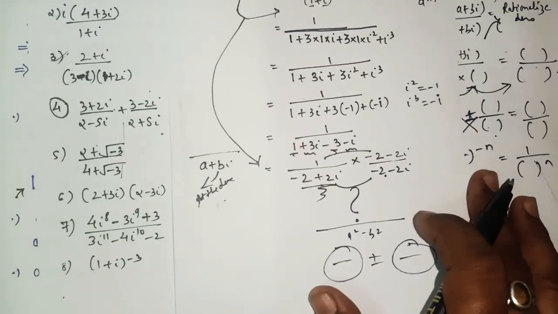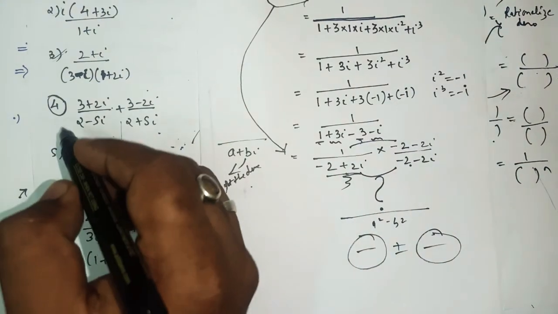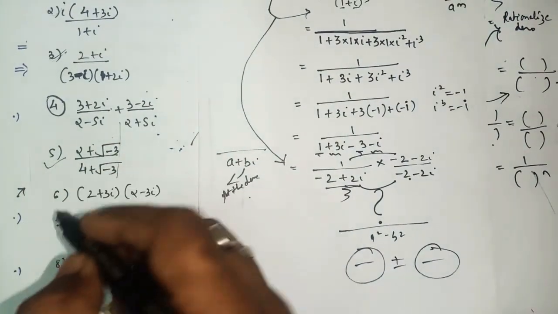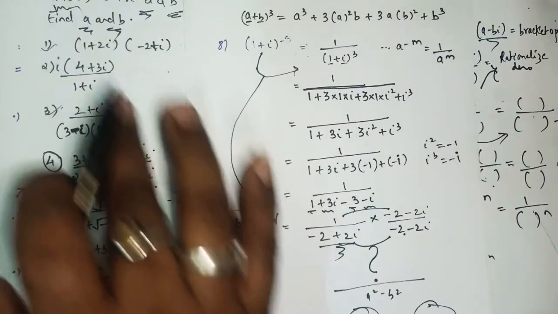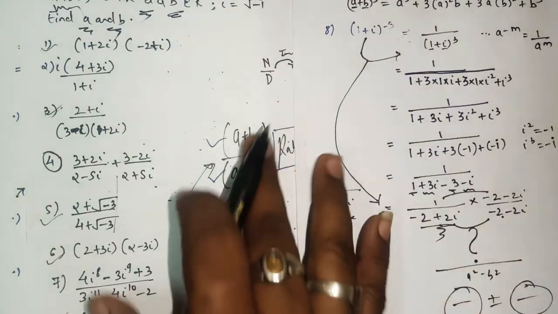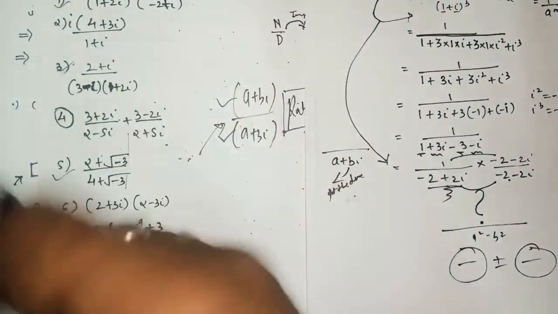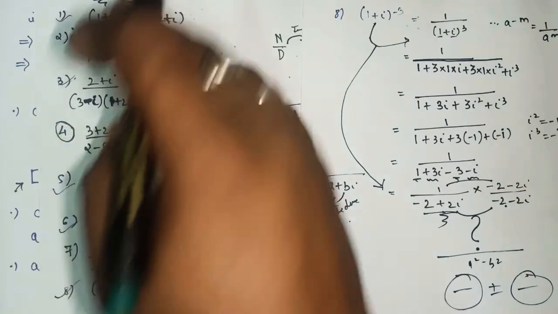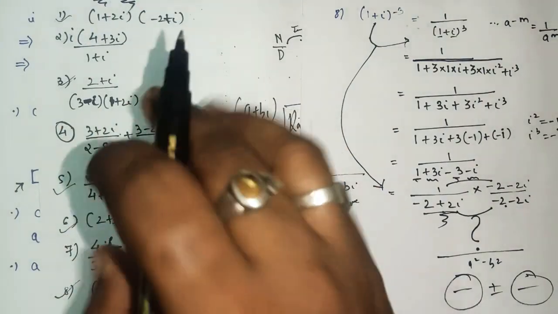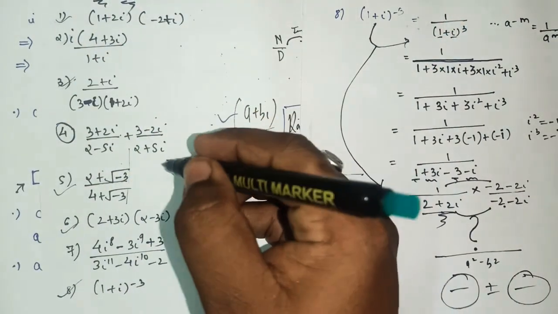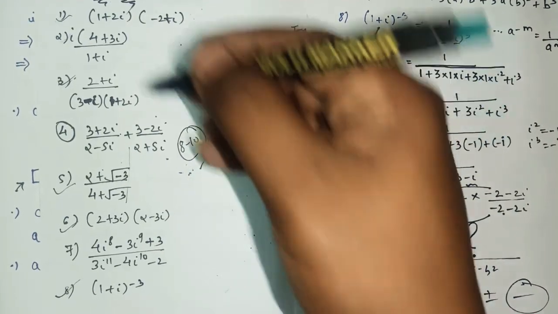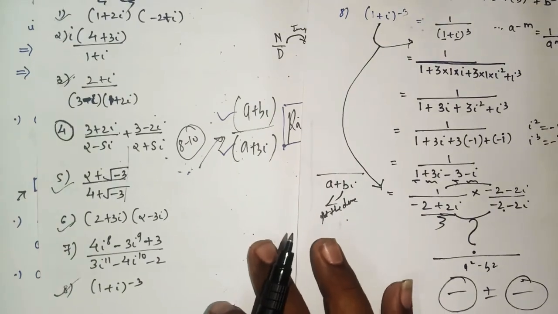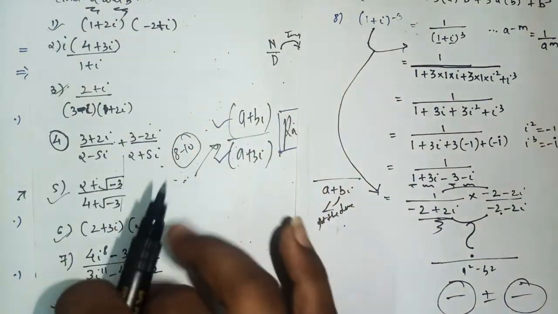Okay, so as I told, you have to try the question numbers 5th, 6th and 8th by yourself, and see in the question: express the following in the form of a plus bi. If there are some extra sums except this, as I told, there are more than 8 to 10 sums, yes or no? So here I took just 8 sums and the remaining sums are from the exercise only.